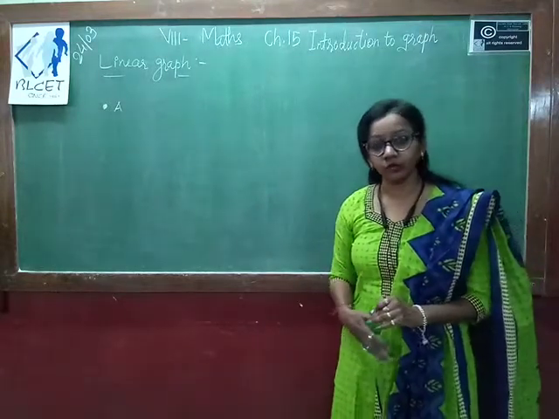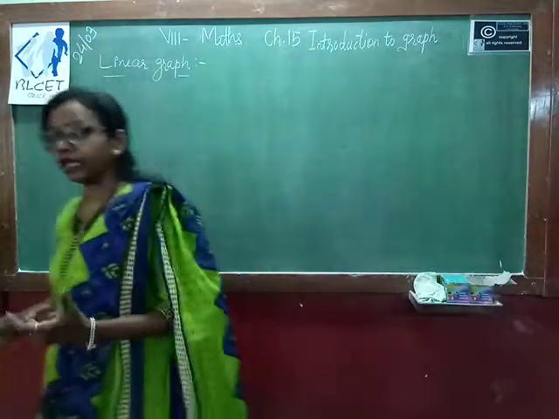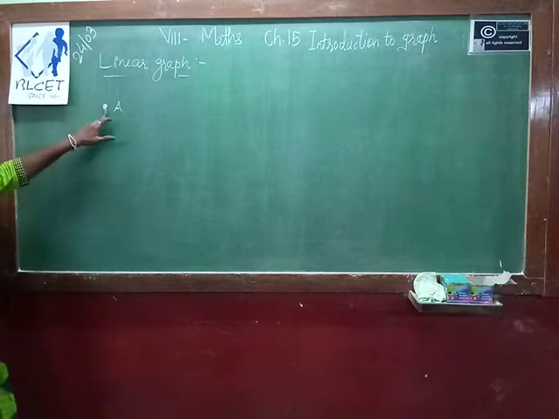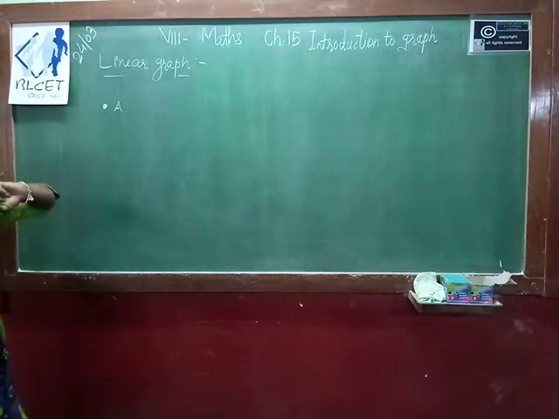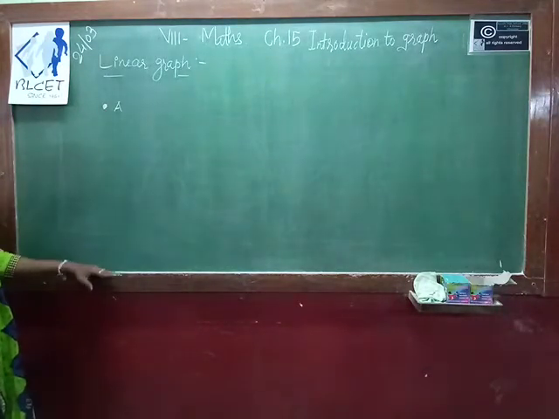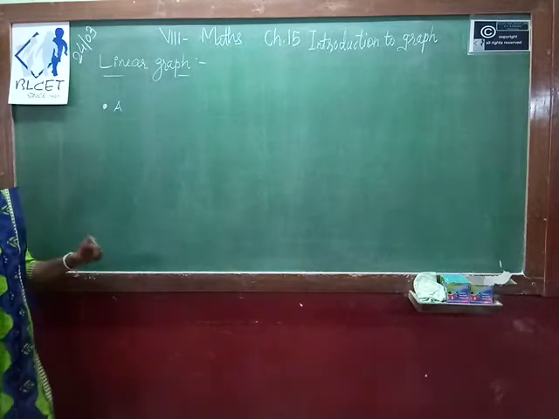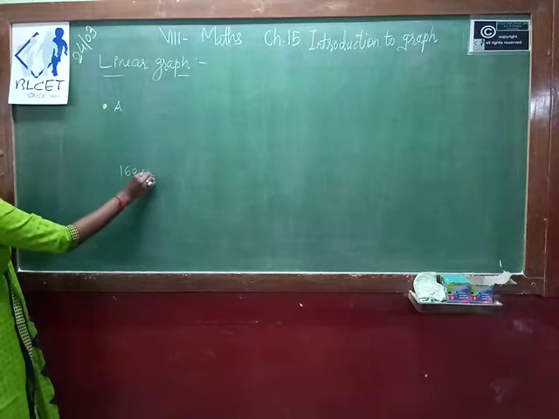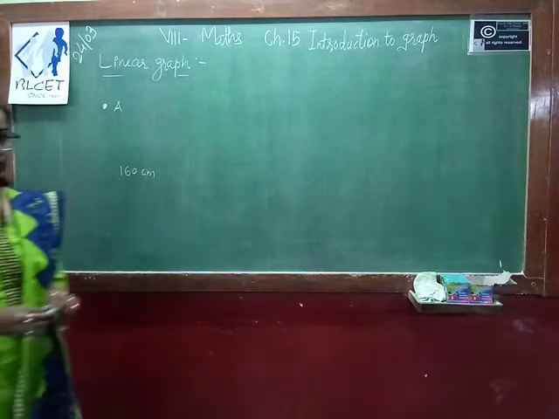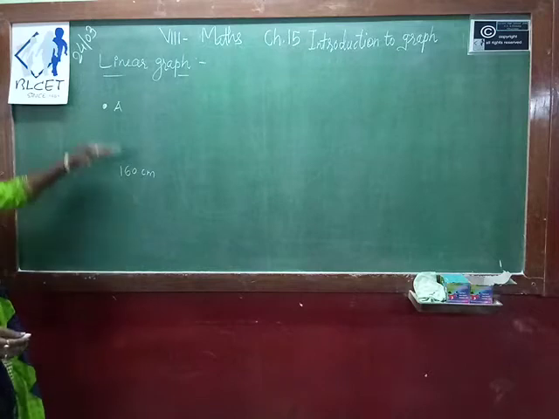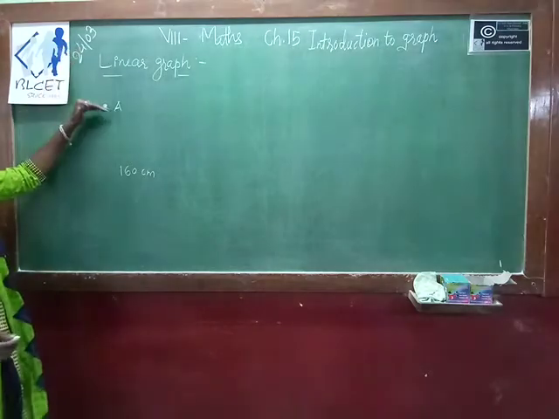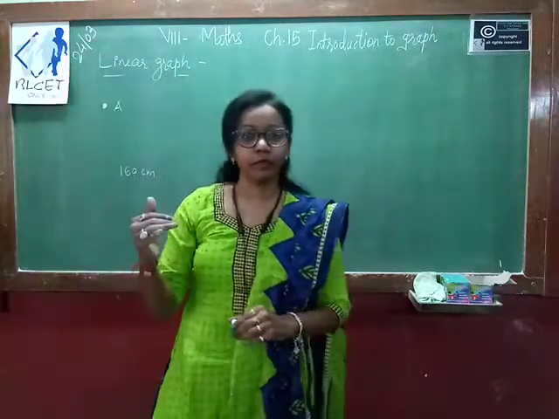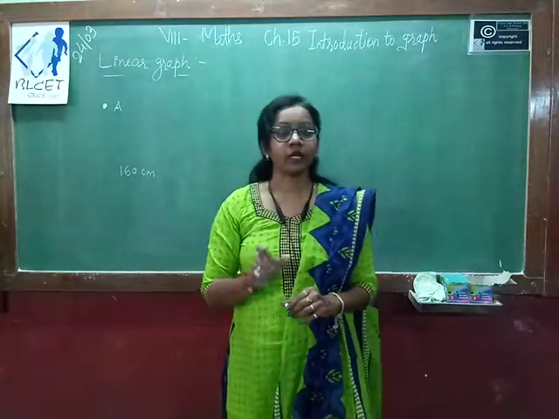So what do we have to do? One can suggest that you measure the distance from the bottom to this point. Suppose this distance is 160 centimeters. What about the upper part? If I get the distance from below and from above the point, I get the exact location of this point.